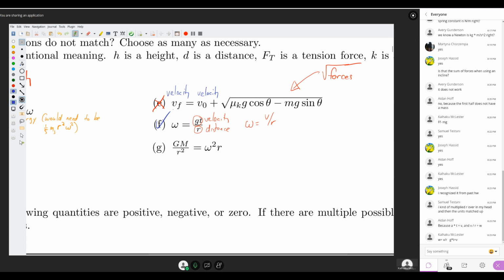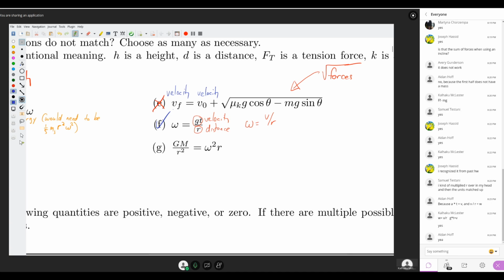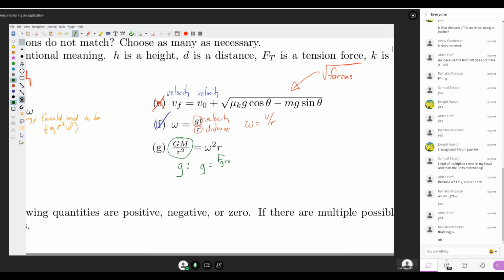What about this one for g, the last one? Yes, it does. How'd you figure that one out, Kalhako? Aiden? Actually, this on the left-hand side is actually little g, because little g is the force of gravity divided by the mass of the object that's falling.